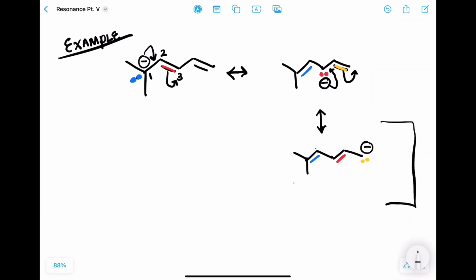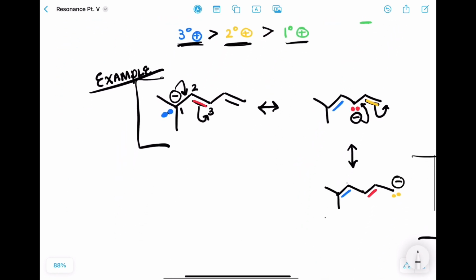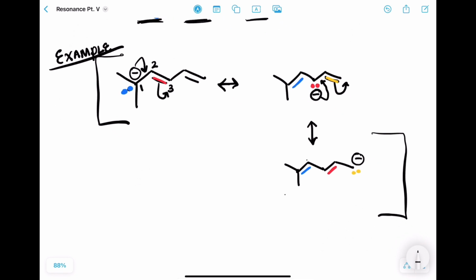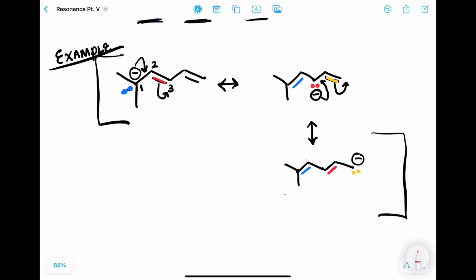And so we have to compare these three structures to figure out which one's major. Now, in the previous example, we showed that a tertiary carbocation is more stable than a secondary carbocation, which is more stable than a primary carbocation, right? And so if we look at this, I'll put the carbons here.